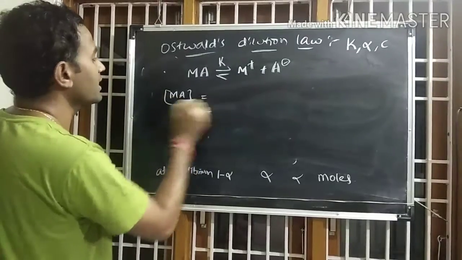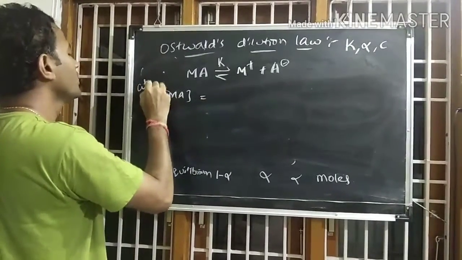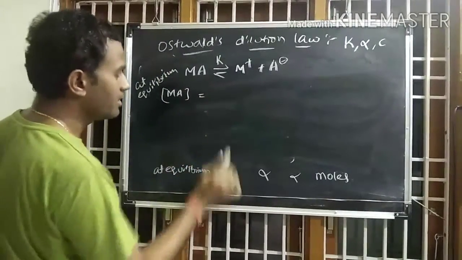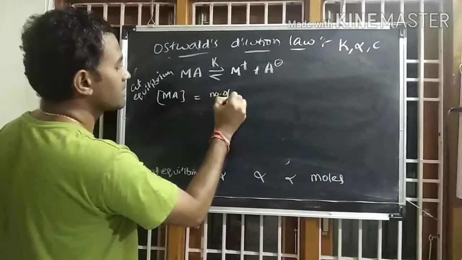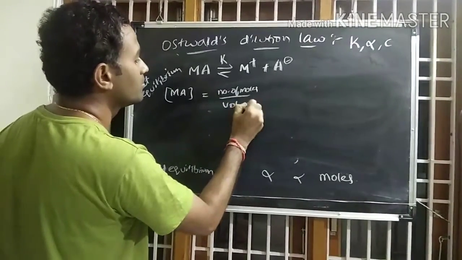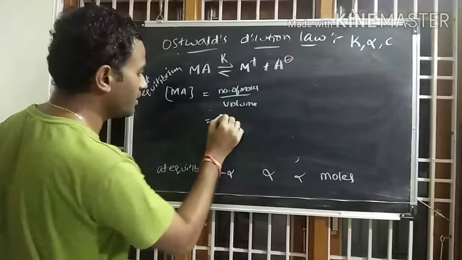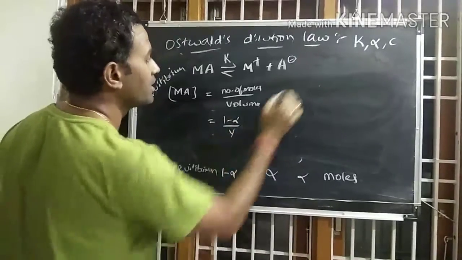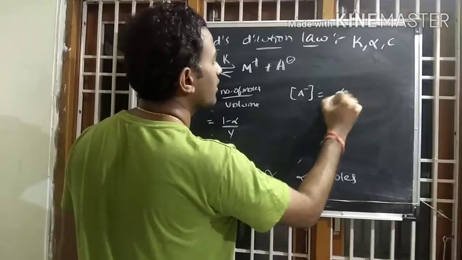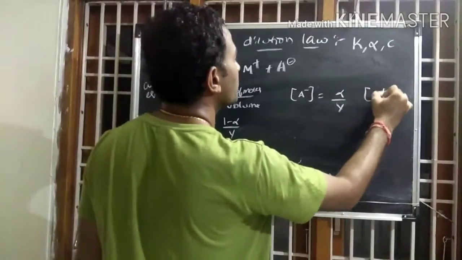So what is the concentration of undissociated electrolyte at equilibrium? We know concentration is nothing but number of moles by volume. That is nothing but 1 minus alpha by V. At equilibrium, what is the concentration of A minus? Alpha by V. What is the concentration of M plus?